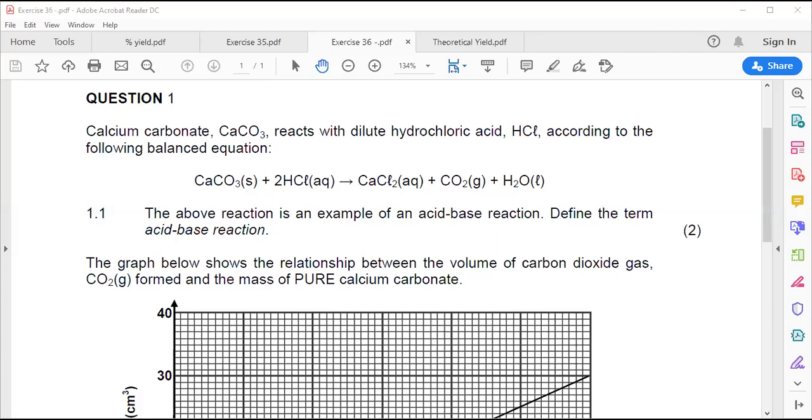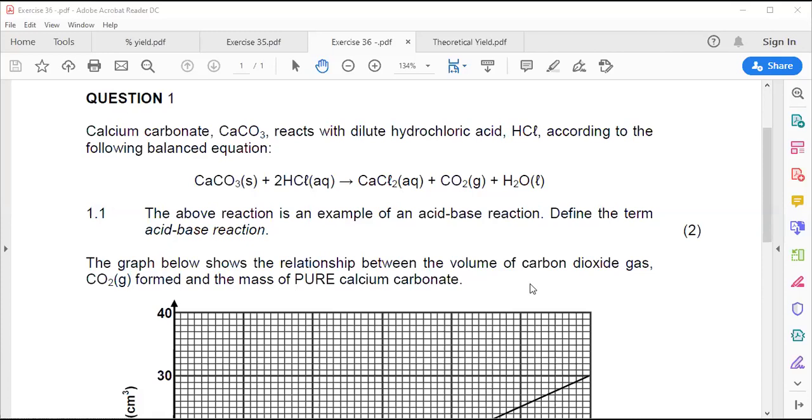Any compound? Okay. Anyone online? How do you define acid-base reaction? Ayabulela, what is an acid-base reaction?